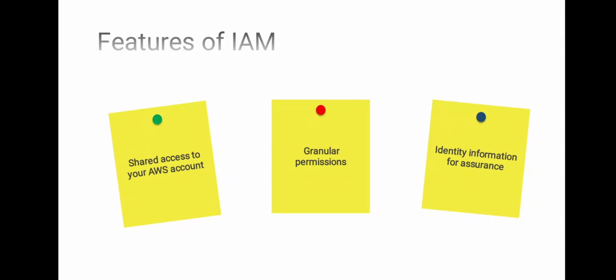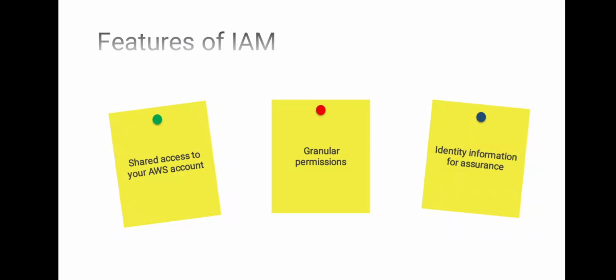While discussing each of the features, the first feature is shared access to your AWS account. Without sharing your password, you are eligible to access the other permissions with respect to the administrator as well as the resources from your current AWS account. And the second feature is granular permissions. What do we mean by granular permissions?